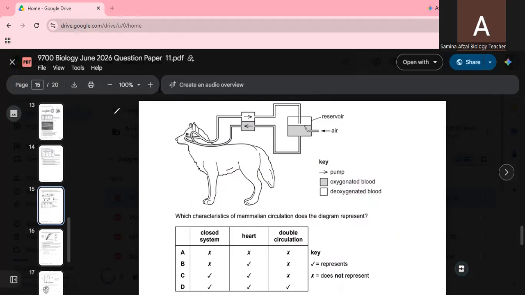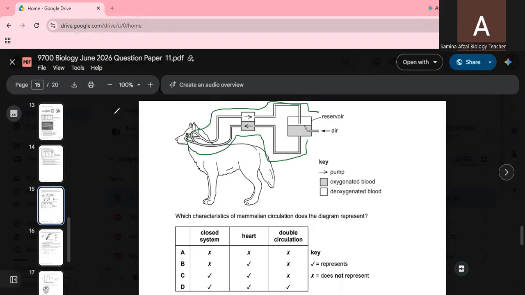Here we have to find out which characteristic of mammalian circulation the diagram represents. The reservoir is attached and air is entering through this, and you can see it is moving in this way.